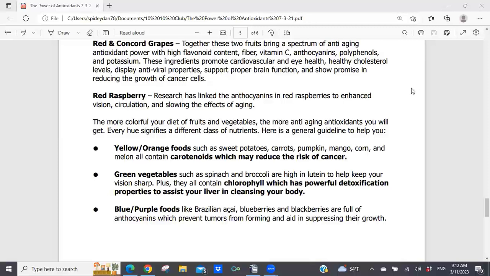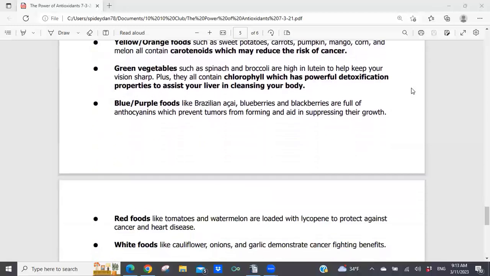Liquid chlorophyll from Synergy would be a great product to help you from a detoxification standpoint of your bloodstream. And then blue and purple foods are high in anthocyanins, which again help to suppress tumors and things that you don't want growing in your body.